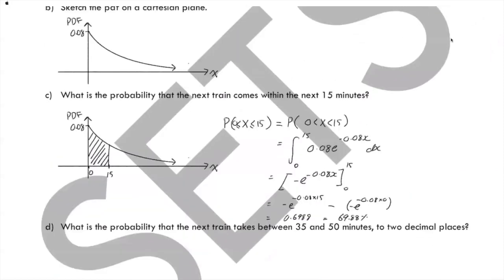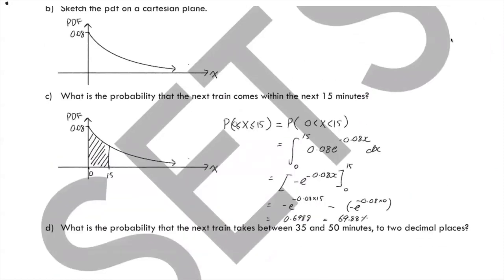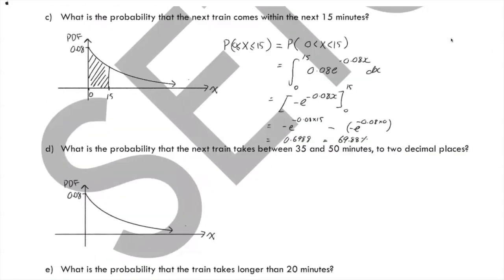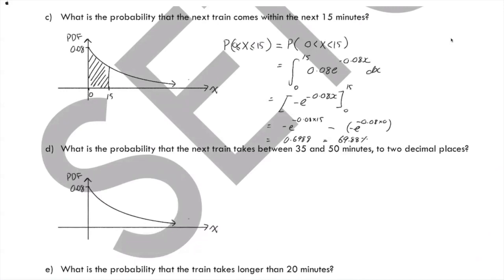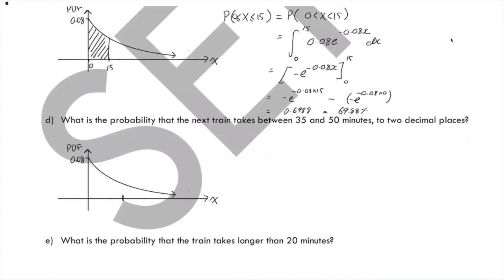Now, just based on the graph, 35 to 50 is the same interval. 0 to 15 is 15 minutes, 35 to 50 is 15 minutes. Do you think this should be lower or higher than 69.88 based on the areas underneath the graph? Should be smaller, yeah. It should be way lower than the 69.88.